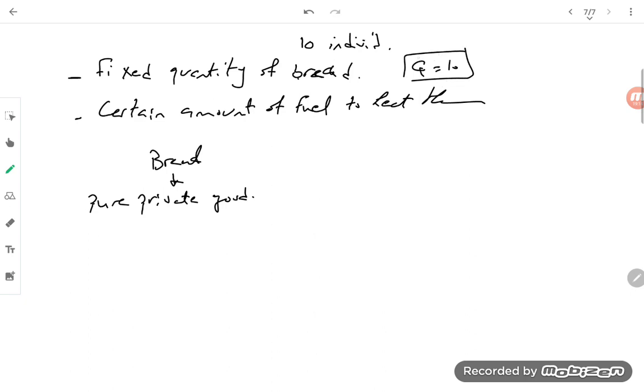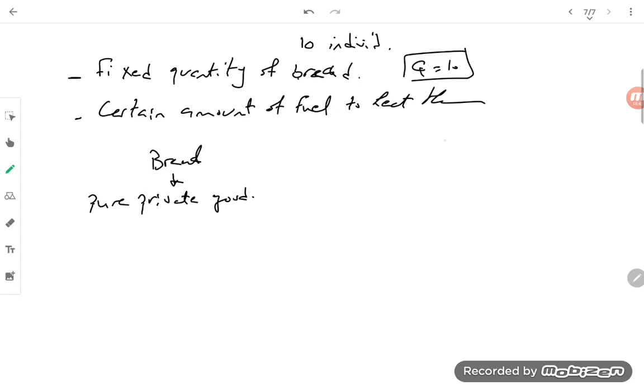If an individual consumes 2 loaves of bread, the quantity available to others will decrease. Okay, so bread is a pure private good.